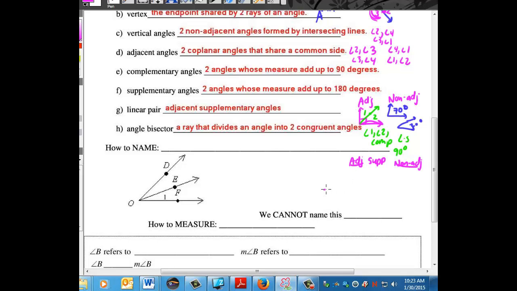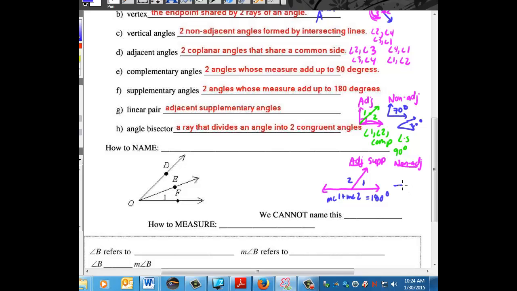We're going to form what's called a linear pair, but first draw a straight line. And then from this line, we're going to shoot up a ray. And now we've formed two angles from this straight line. So let's label this angle 1 and angle 2. And I can say that the measure of angle 1 plus the measure of angle 2 equals 180 degrees. And so that would be our case of adjacent supplementary angles.